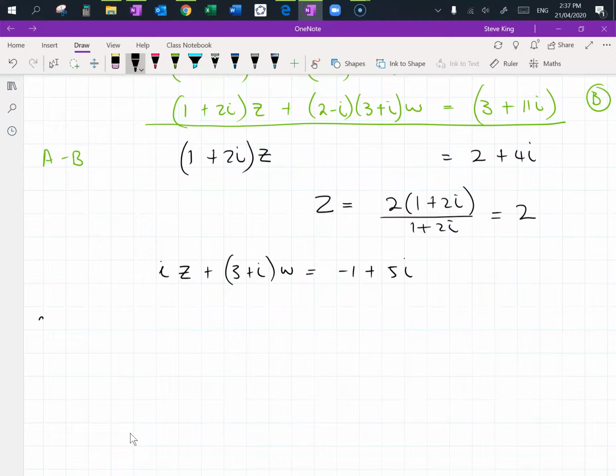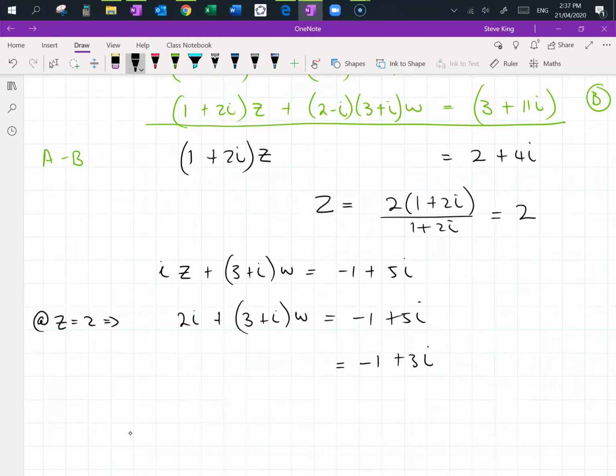And I know that Z is equal to 2. So in other words, I've got 2i plus (3 plus i) W is equal to minus 1 plus 5i. And now if I take away 2i from both sides, over here I'm going to be left with minus 1 plus 3i.